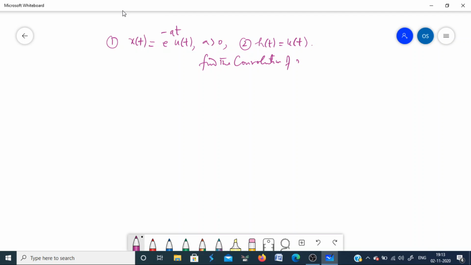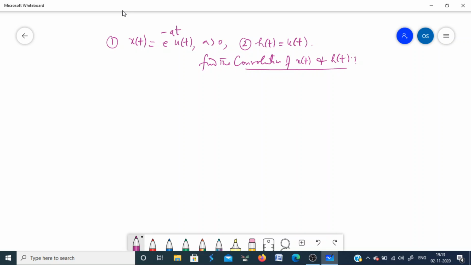I take one simple example. Suppose you have two signals. One is x(t) equal to e raised to the power minus a t u(t), for a greater than 0, and the second is h(t) equal to u(t), and you have to find the convolution of x(t) with h(t).